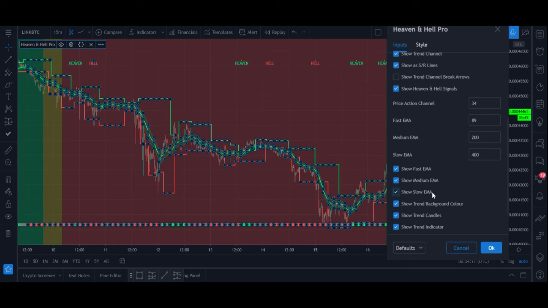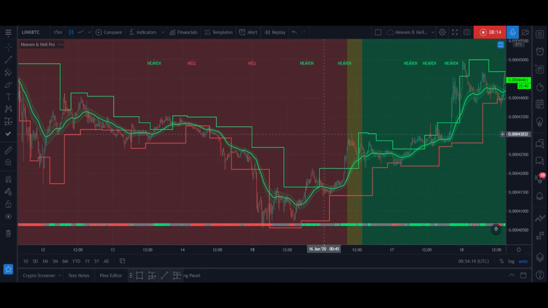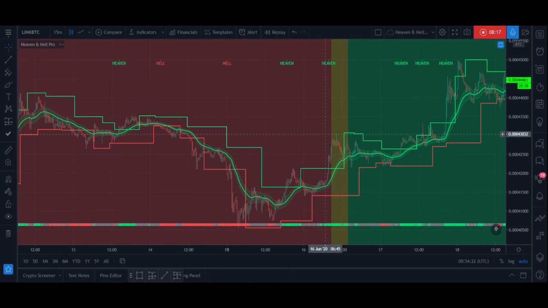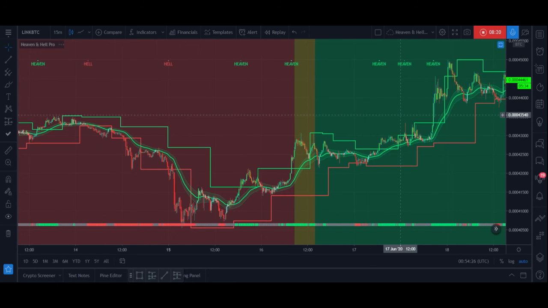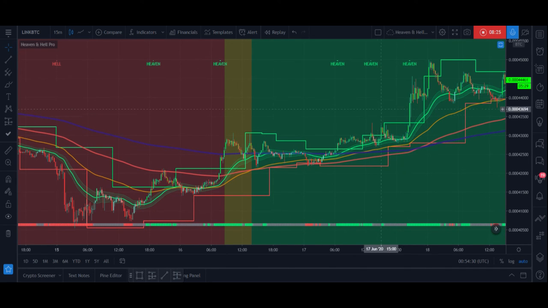Now we can actually show the EMAs. I generally don't like them on because, well, you'll see why in a minute. With a chart that's already got a lot of color and a lot of stuff going on, sometimes you can be a little bit distracted from literally what the candles are actually doing, I find anyway. So here you go, you've got the basic EMAs printed on the chart.